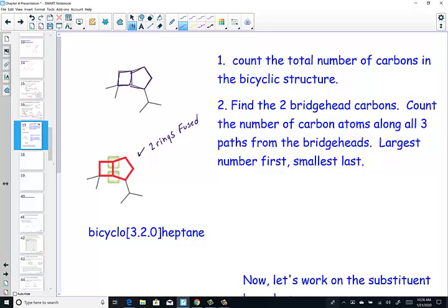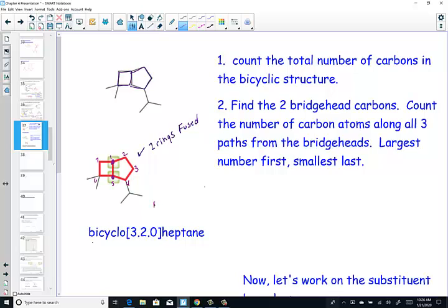The 2 bridgeheads are those 2 carbons that are involved in both rings. How many total carbons are in this ring? Well, let's count. There's 1, 2, 3, 4, 5, 6, 7 going the other direction. And carbon 1 and 5 are directly attached to each other.